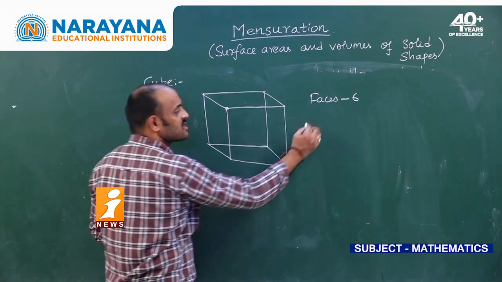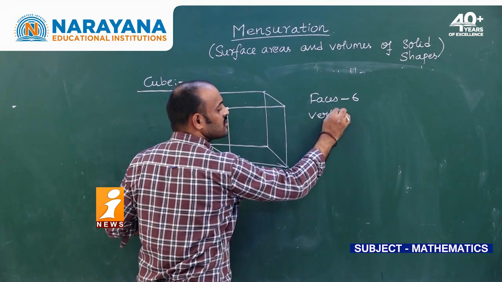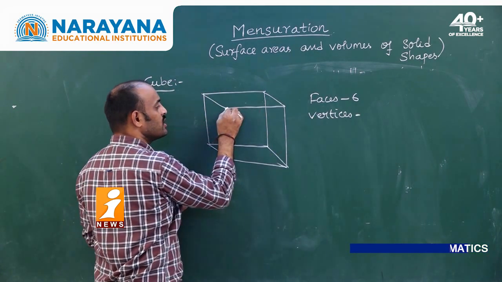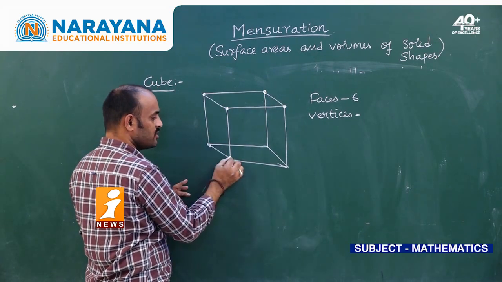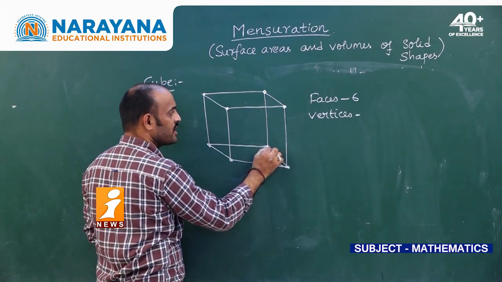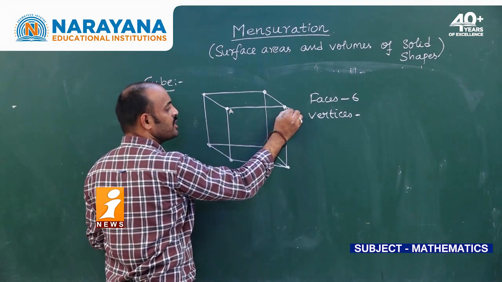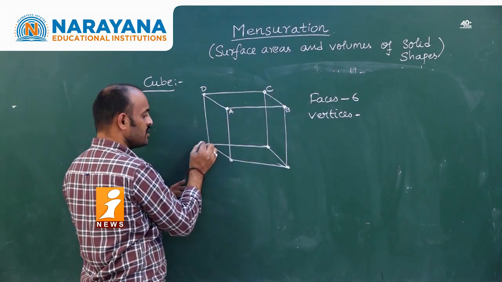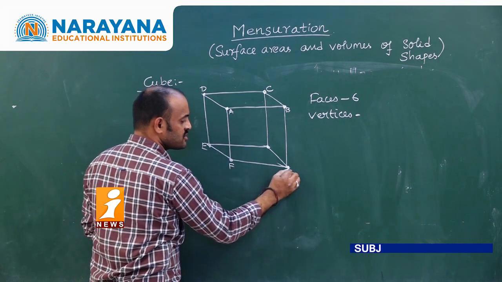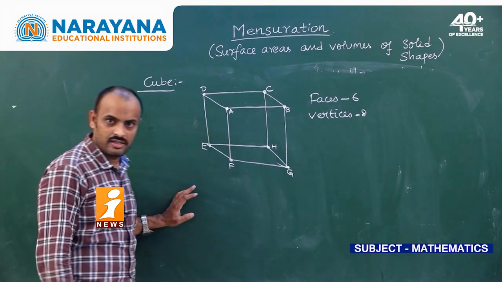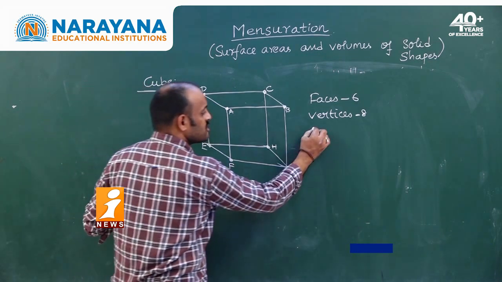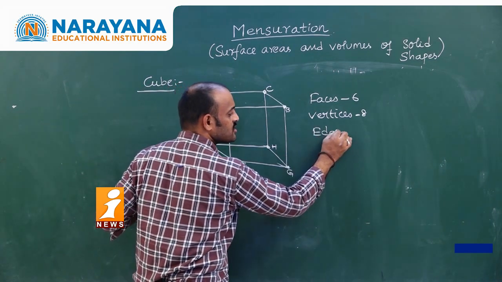How many vertices are there? 1, 2, 3, 4, 5, 6, 7, 8. I name them as A, B, C, D, E, F, G, H. So the number of vertices is 8. Number of edges: what do you mean by edges?